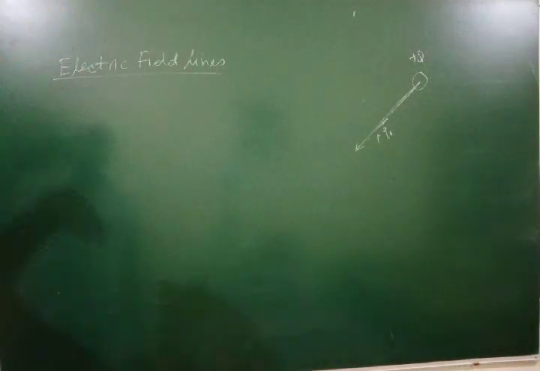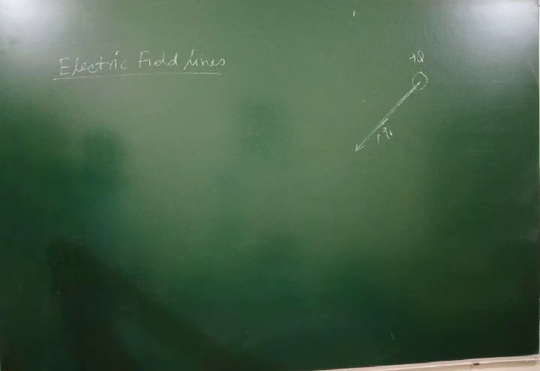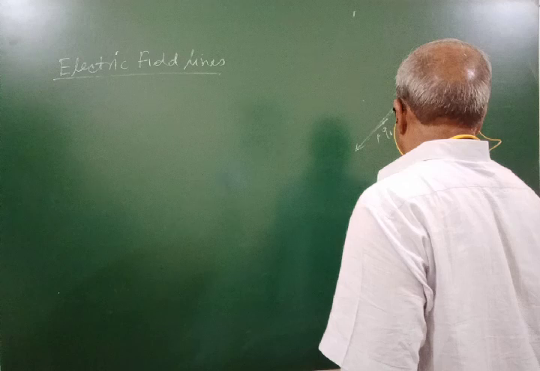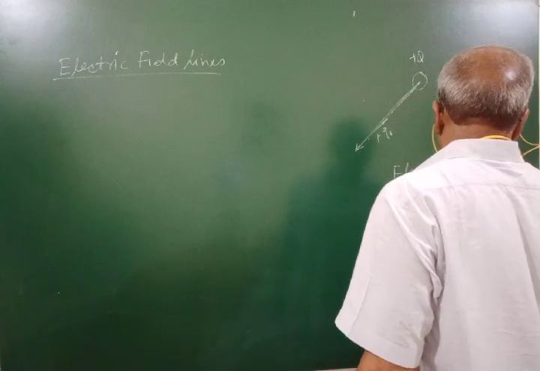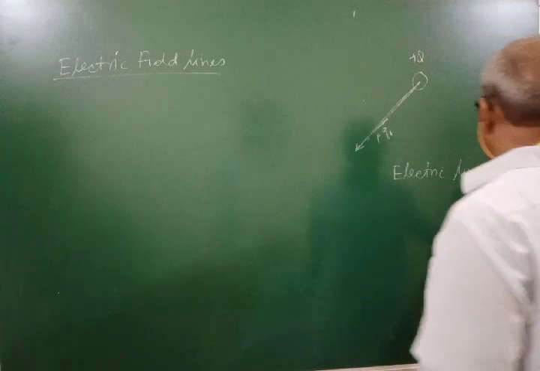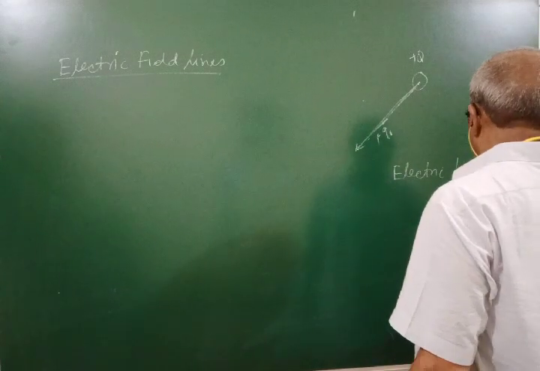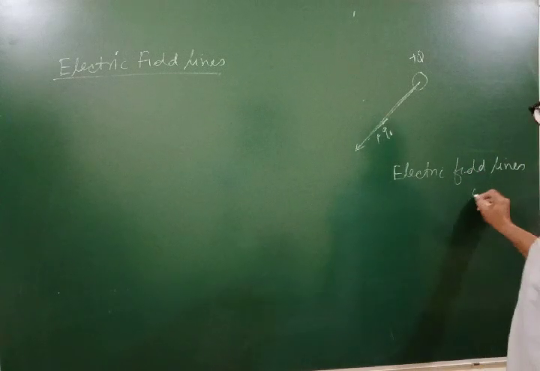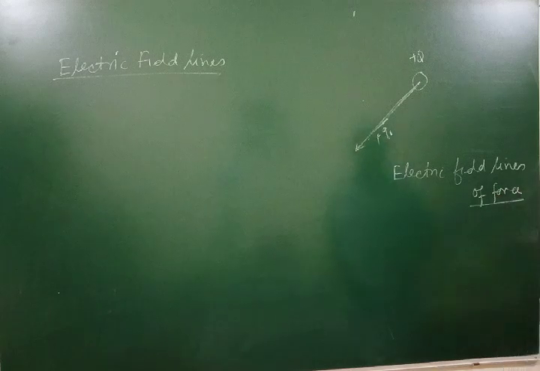In some books, this heading is not written as electric field lines. It is written as electric lines of force, or electric field lines of force. It is ridiculous here because electric field itself is force.